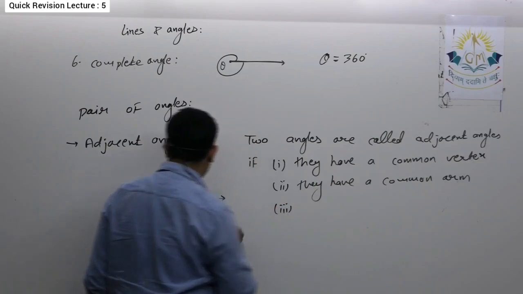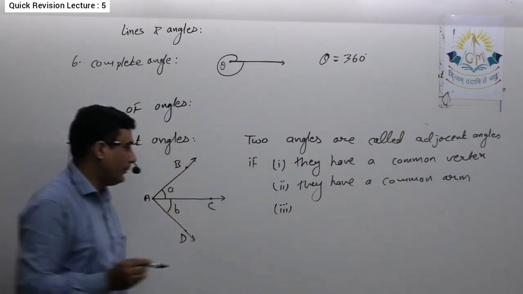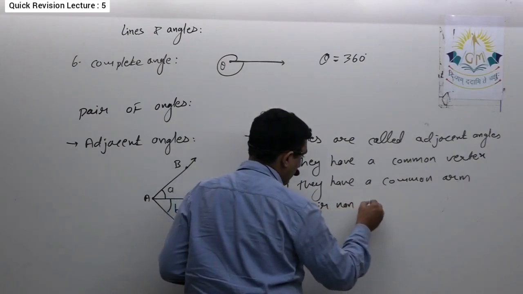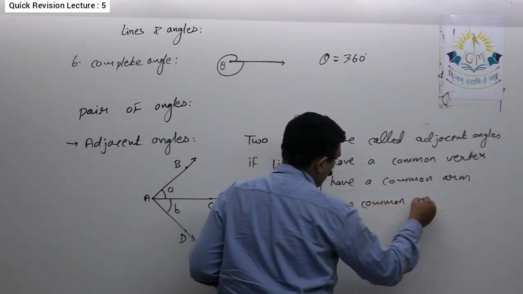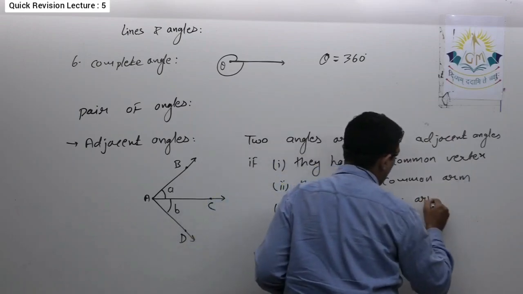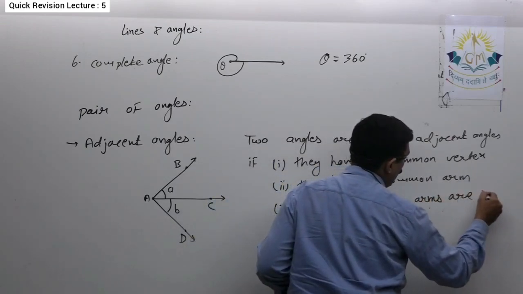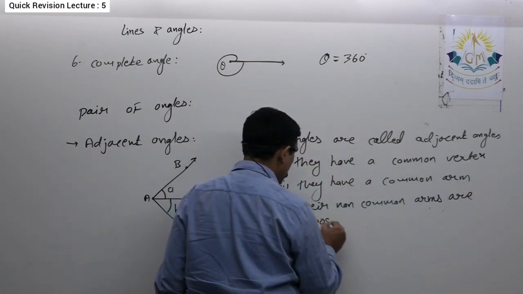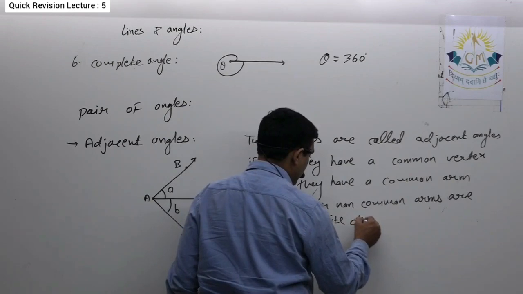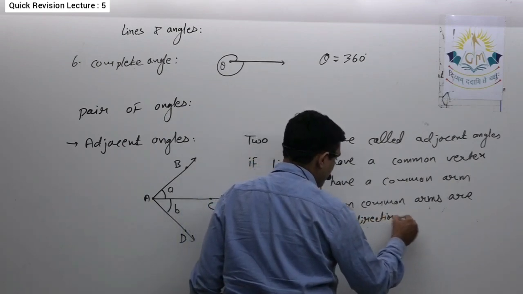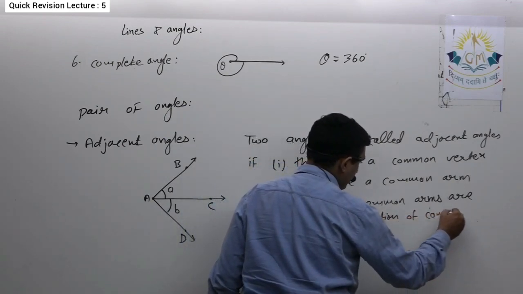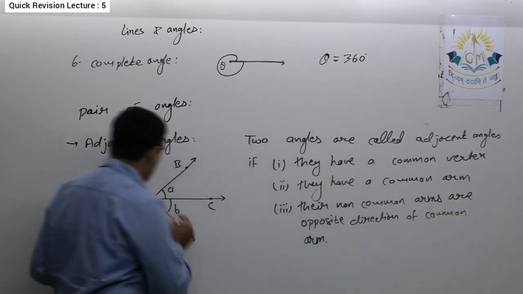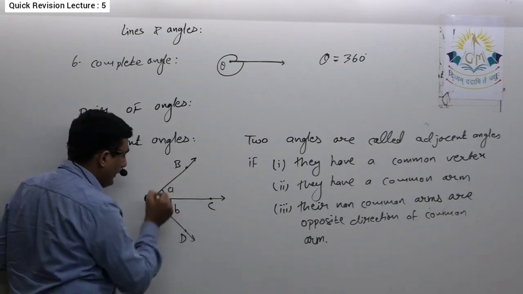And the third condition, their non-common arms must be in opposite direction of the common arm. The non-common arms are AB and AD.